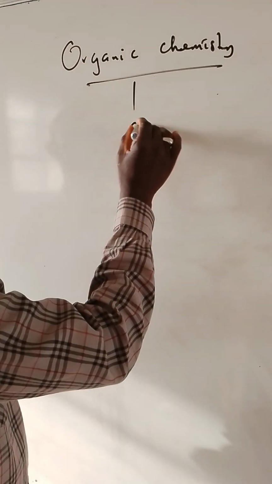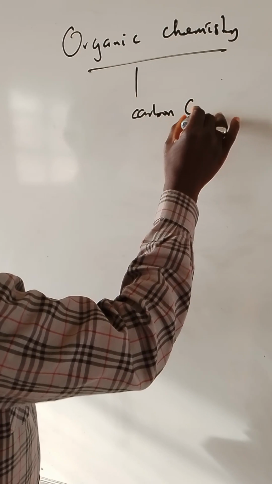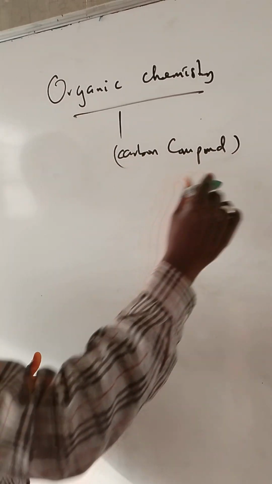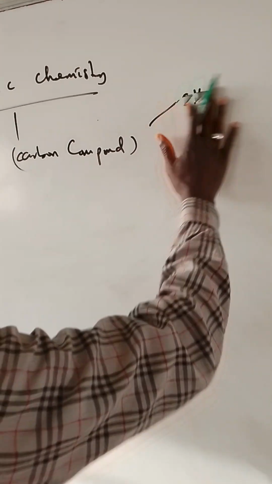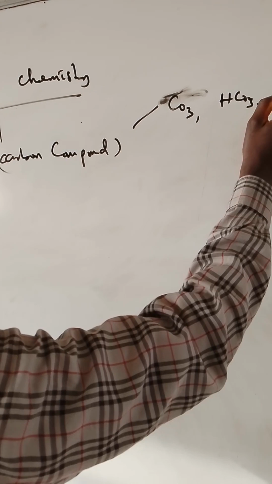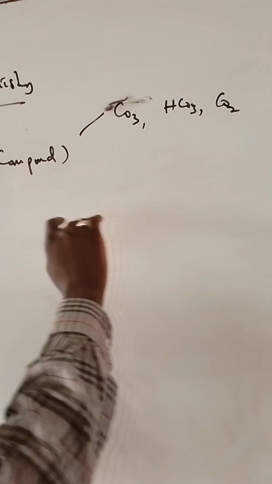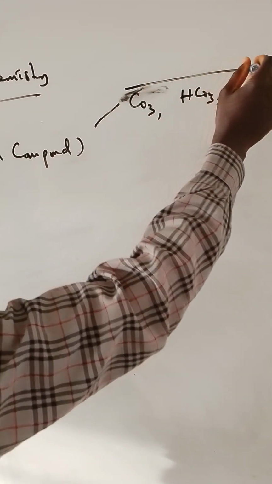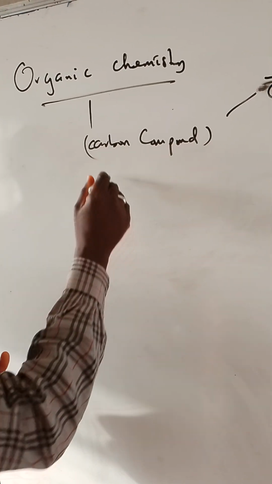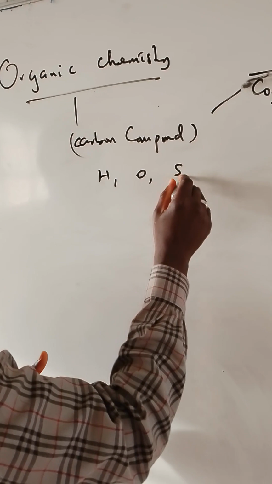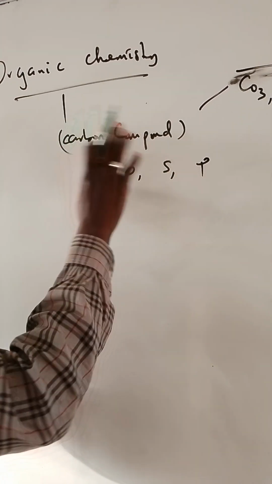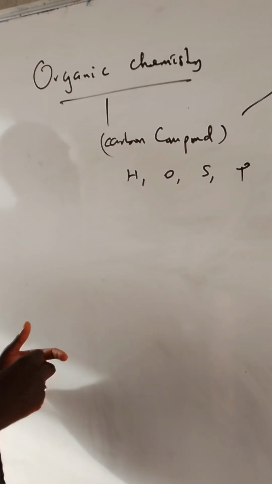The study of carbon compounds alone, together with some specific elements such as hydrogen, oxygen, sulfur, and phosphorus, is also referred to as organic chemistry.